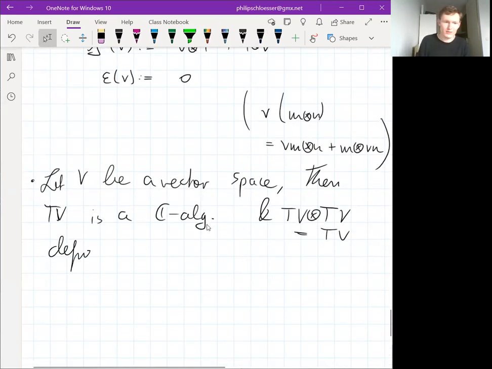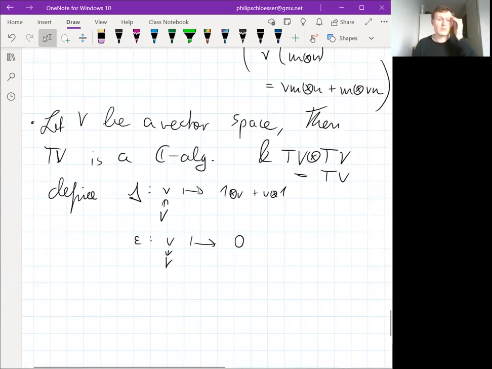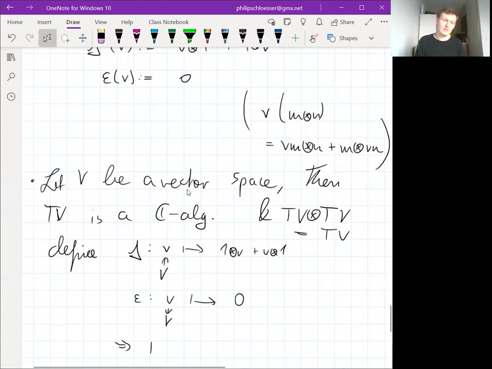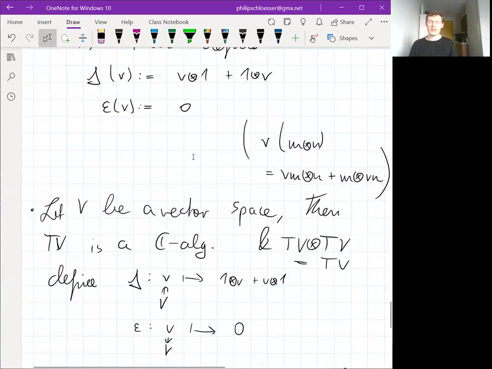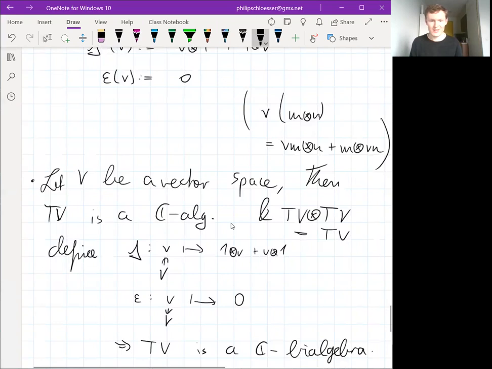So then we can define delta that maps V to 1 tensor V plus V tensor 1, and epsilon, which maps V to 0, and just extend this. And well, this makes TV into a C bialgebra. And by the construction that we did last lecture, we can see that this is just the quotient of this example.